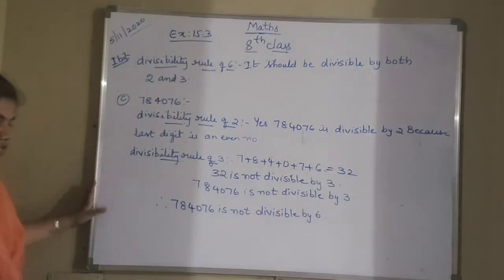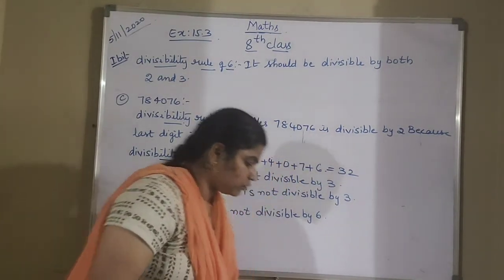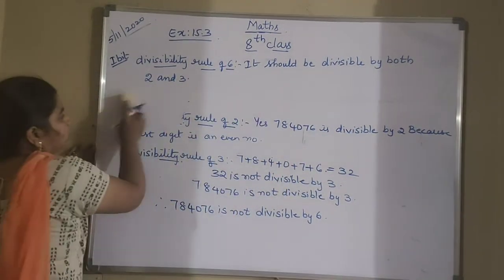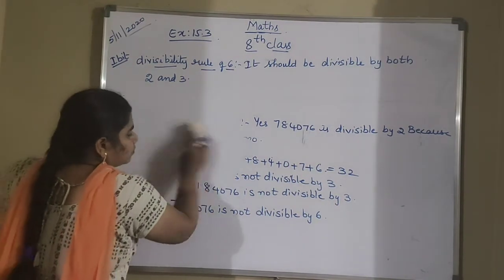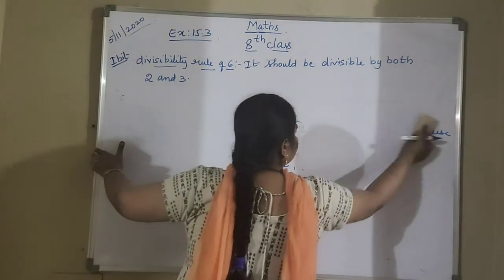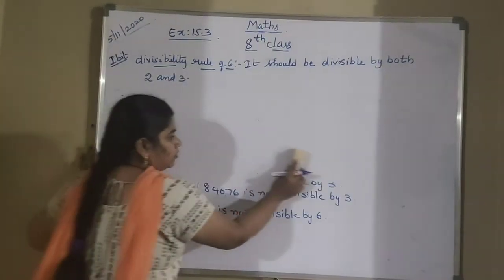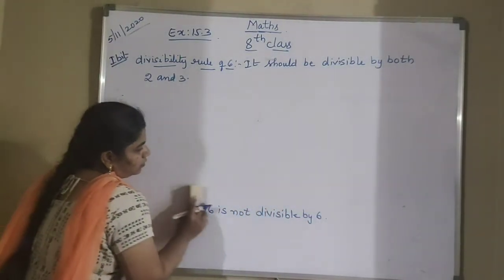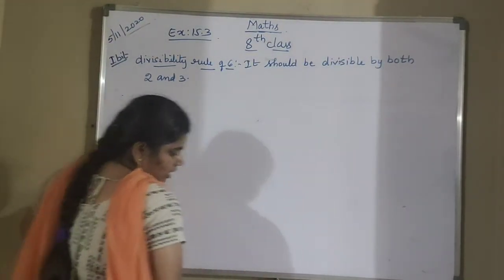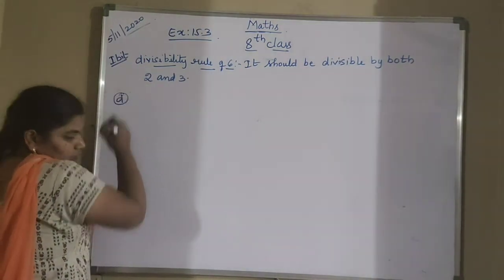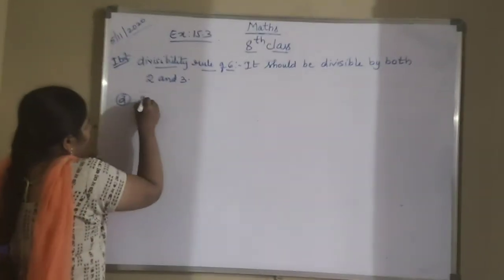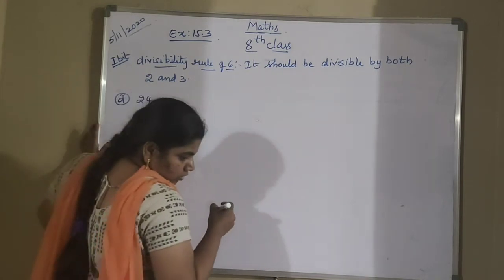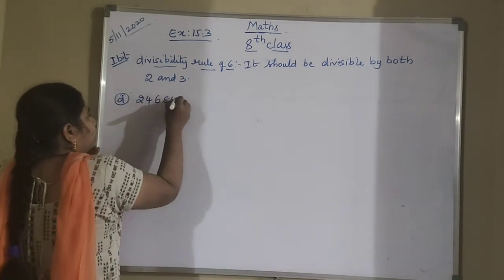Okay. Now the last one in this bit. So what is the last one? That is 24684.